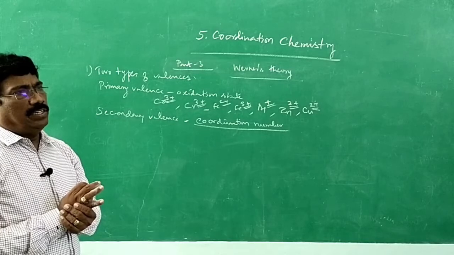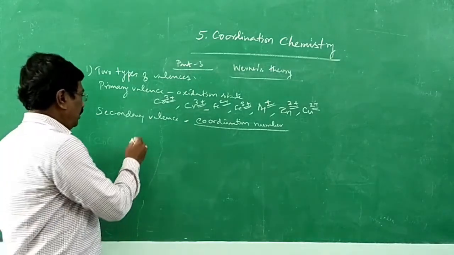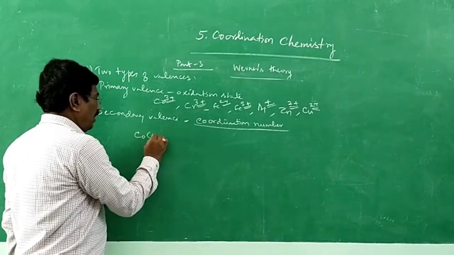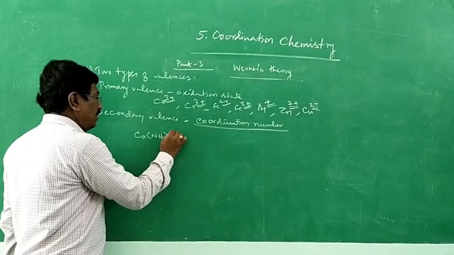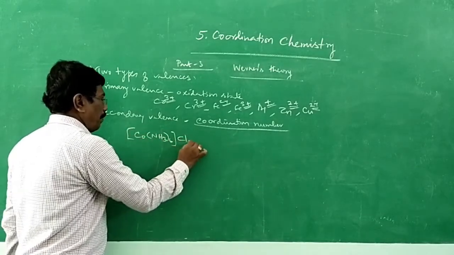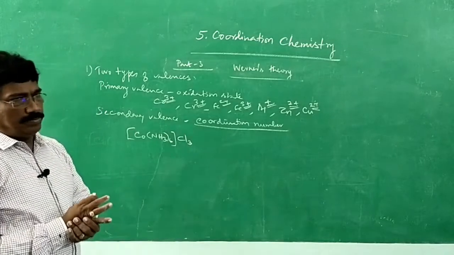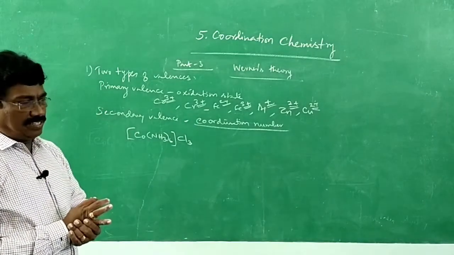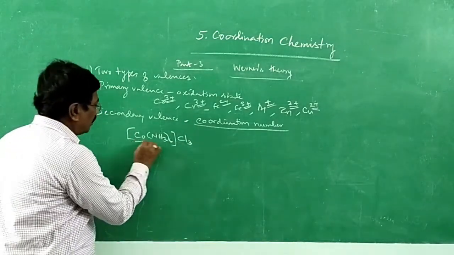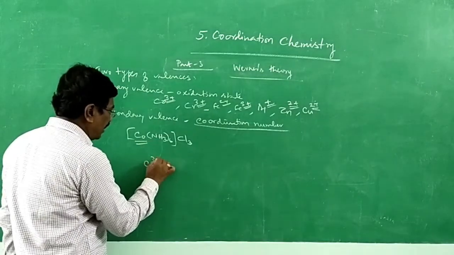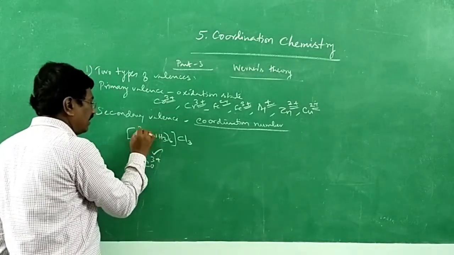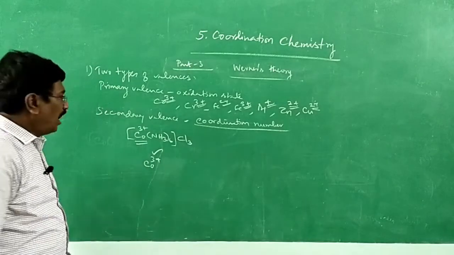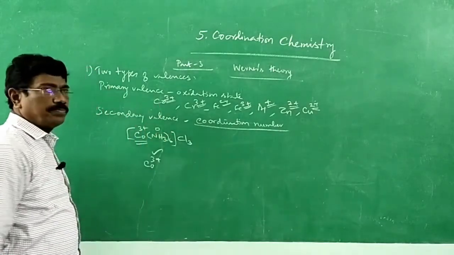Let me give an example of a compound: Co(NH3)6 Cl3. We said it is found to be yellow in color. Here cobalt is in +3 oxidation state, which is the primary valency. Ammonia is a neutral molecule, 0.